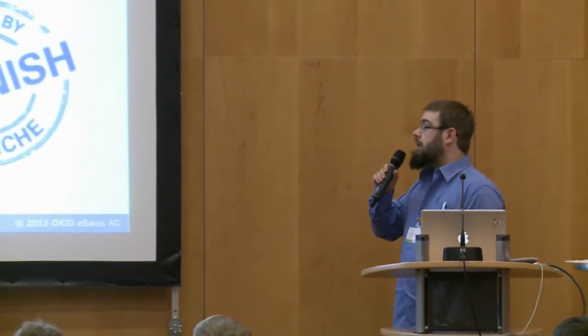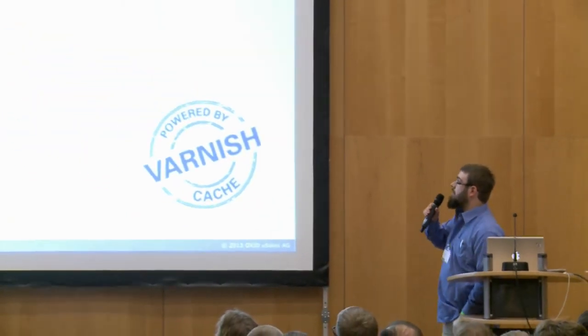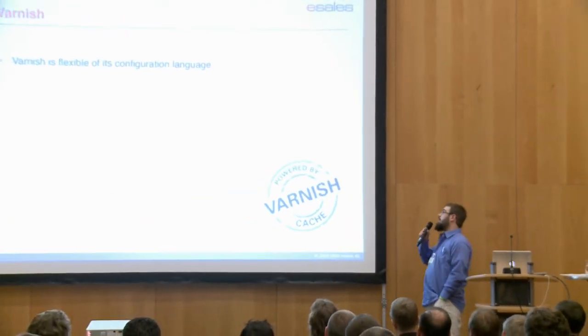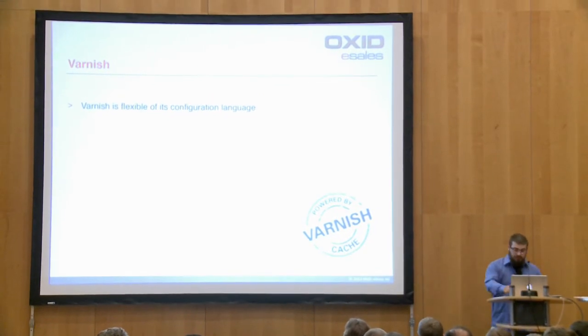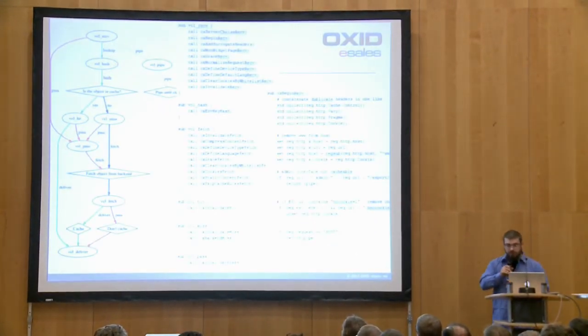Also, Varnish supports load balancing. This means that you can have not one Varnish server, but a whole farm of Varnish servers, by having some servers between eShop and Varnish and other Varnish servers. One of the very nice features about Varnish is how flexible it is with its configuration language. I will show you a simple example.